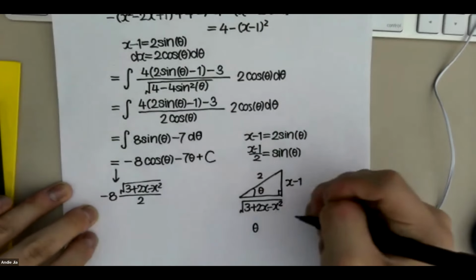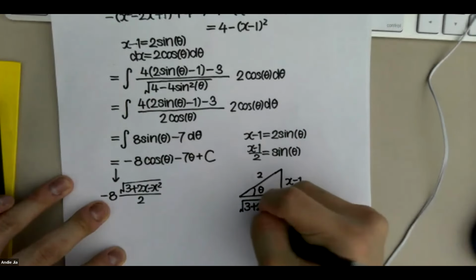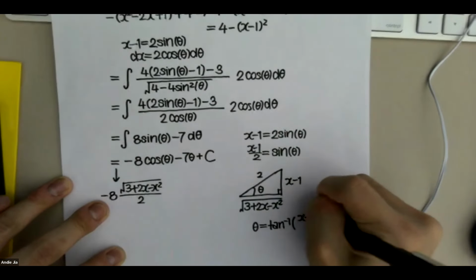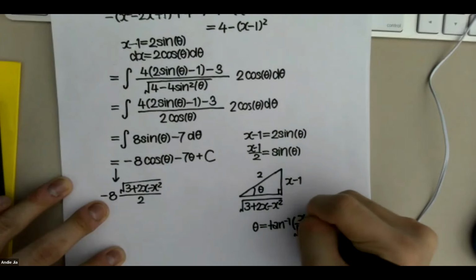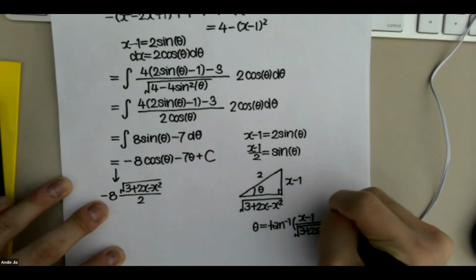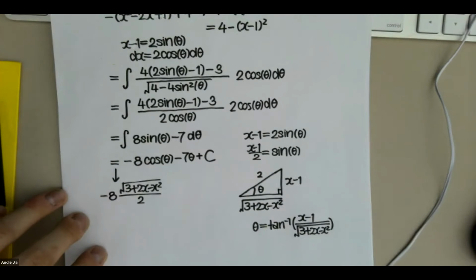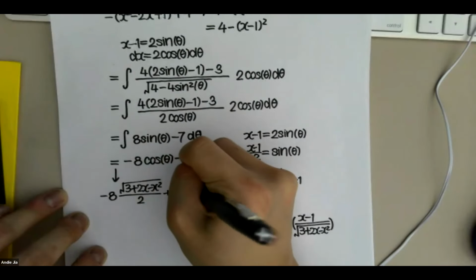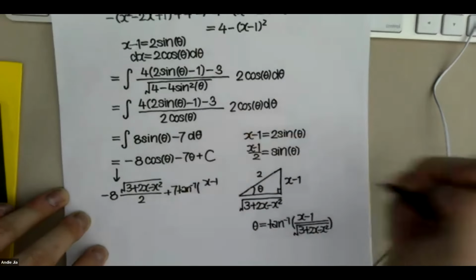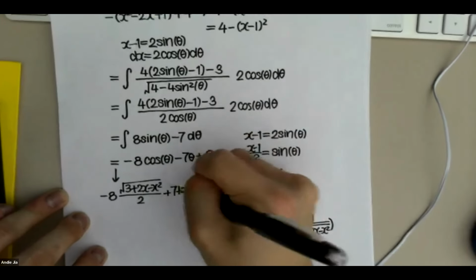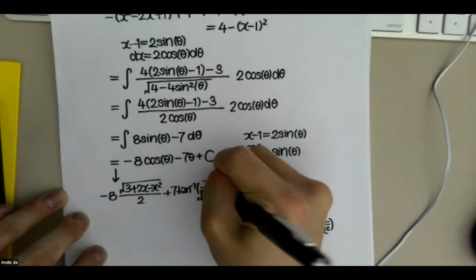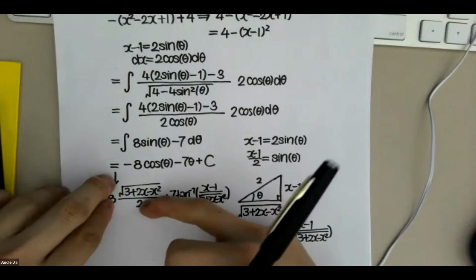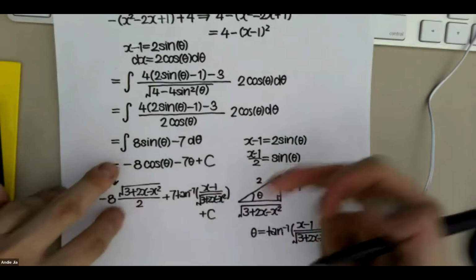So this is going to be the inverse tangent, and then plus 7 inverse tangent of x minus 1 over the square root of 3 plus 2x minus x squared, plus the constant of integration. The negative 4 remains the same.